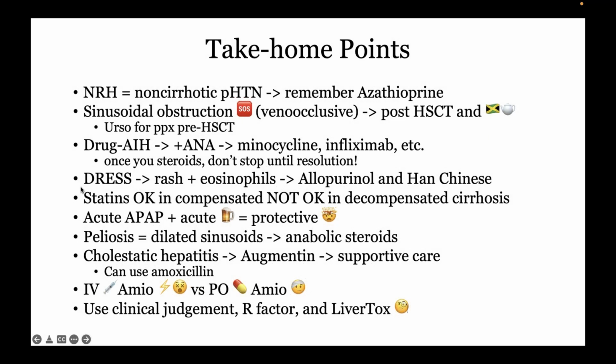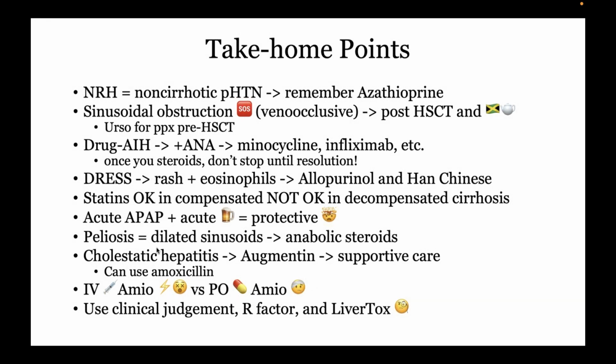Statins are okay in compensated cirrhosis, not okay in decompensated cirrhosis. Acute Tylenol plus acute alcohol, protective. Remember this tidbit. And peliosis, which is the dilated sinusoids, remember anabolic steroids can cause it.